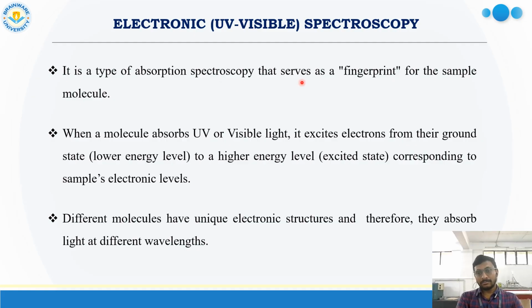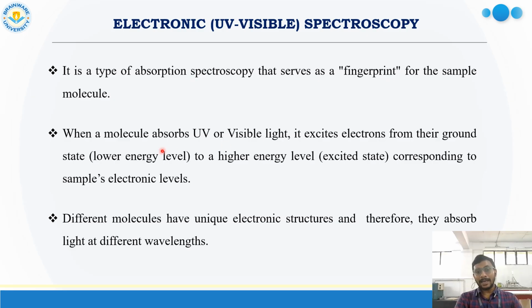This absorption spectrum, or UV visible spectrum, or electronic spectrum, serves almost as a fingerprint of a sample. Why? Because molecules have unique electronic structures, so they absorb ultraviolet or visible light at a unique wavelength, which is different for different compounds.